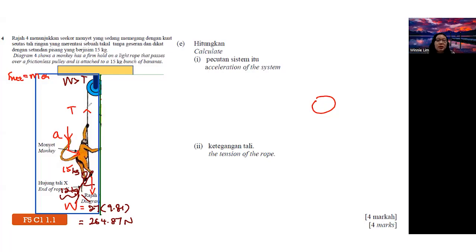But in this context, we will always assume the smaller force is negative, so later on our answer does not have so many negatives, which can be confusing. So the net force in this context is 264.87 minus tension, then equals MA. The M refers to the total mass, so it's 27a. So I formed the equation already.